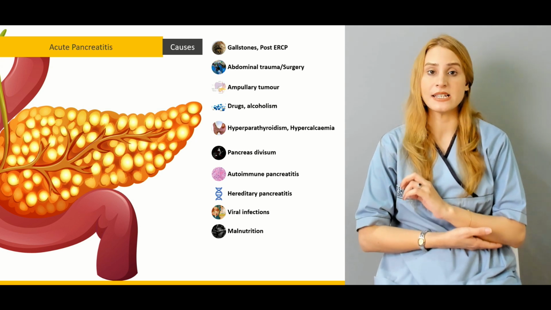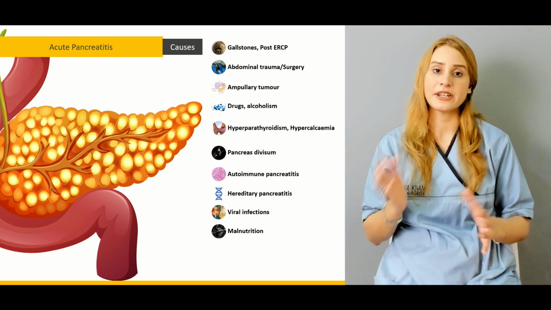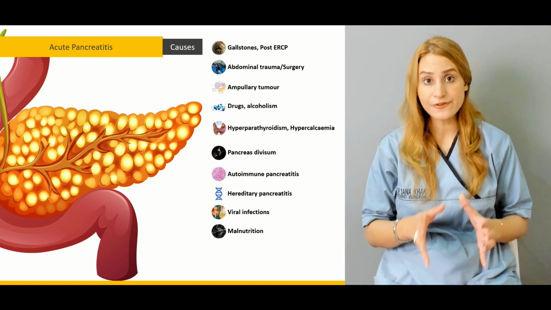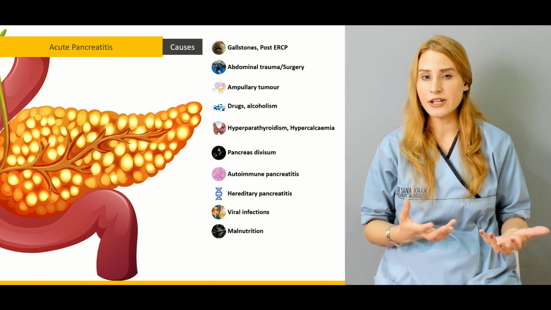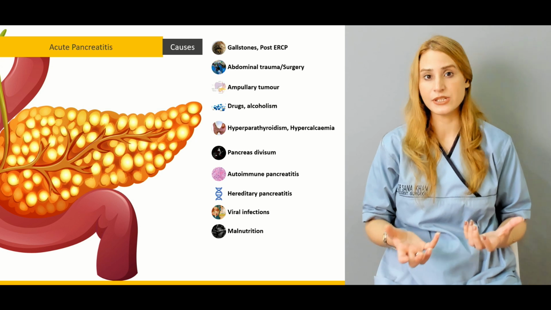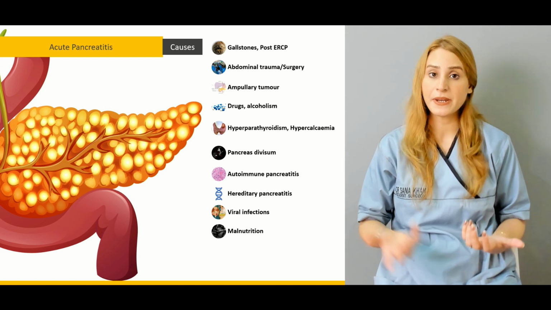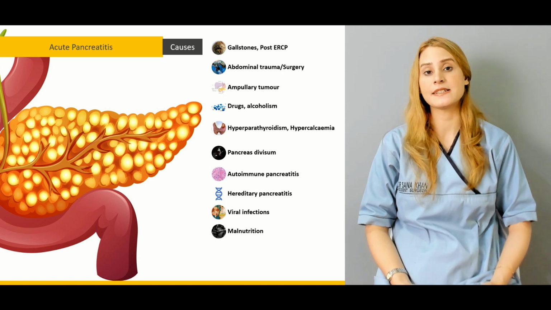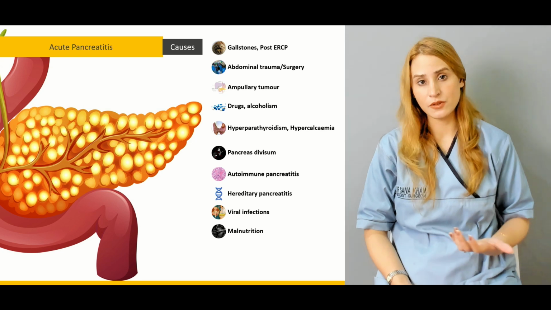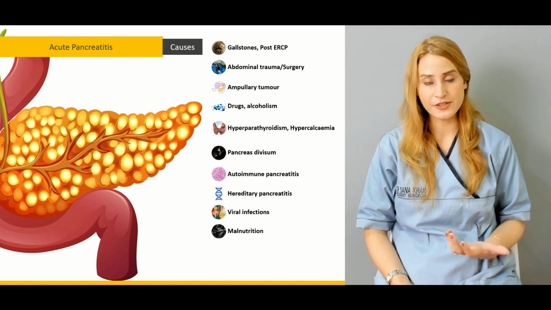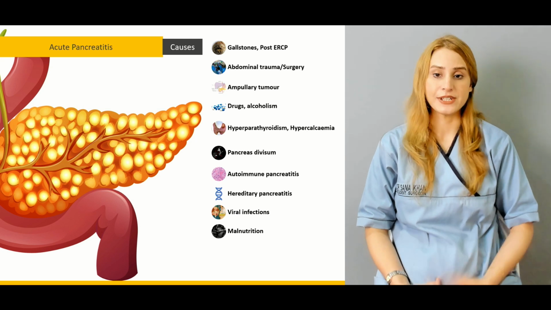The other cause, in 25% of the cases, is alcohol. There are some drugs which are also notorious for causing acute pancreatitis, like benzodiazepines and some antipsychotics. Excessive use of acetaminophen can also cause pancreatitis. Other than that, any history of abdominal trauma or abdominal surgery can also cause acute pancreatitis.